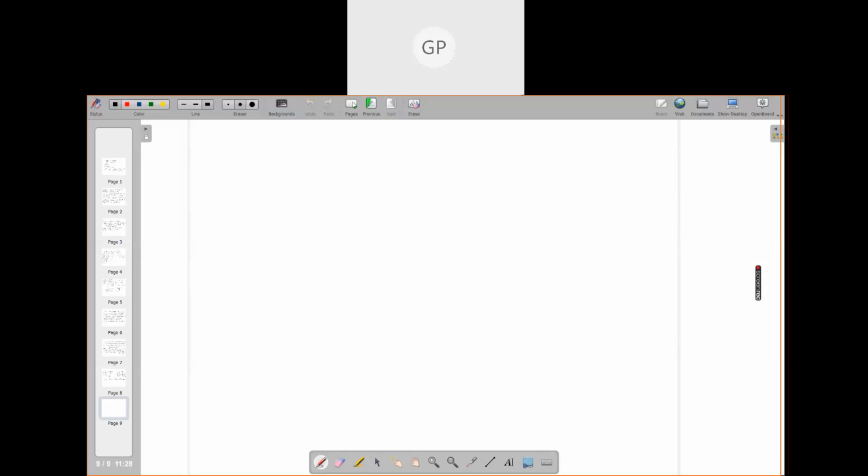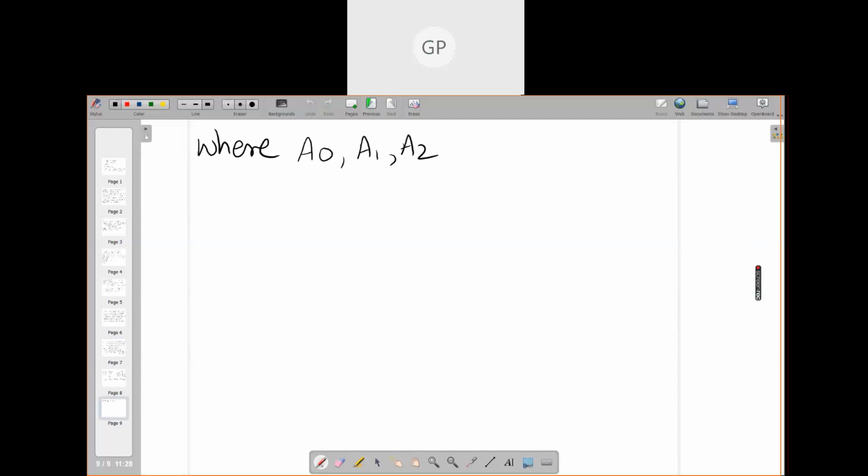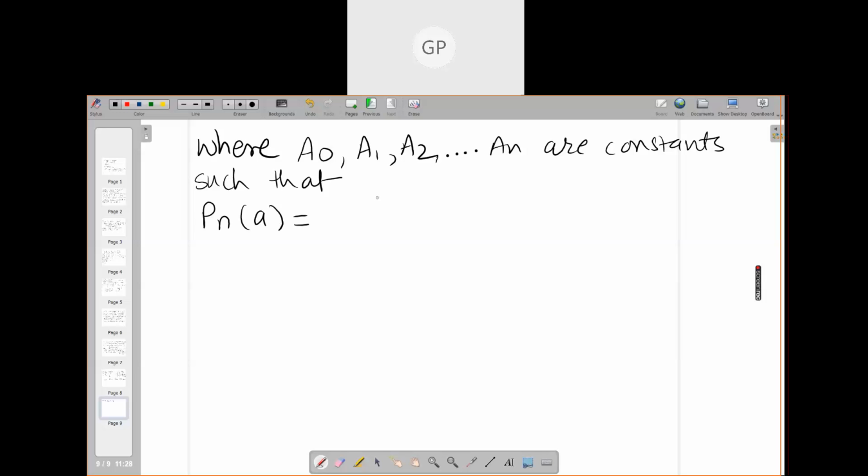Yes, ma'am. That is how we have to choose these constants a0, a1 and an. So this is very important to understand why we are writing the next step. Where a0, a1, a2 and an are constants, and we are choosing them such that when I put x is equal to a in the polynomial, I should get f(a).